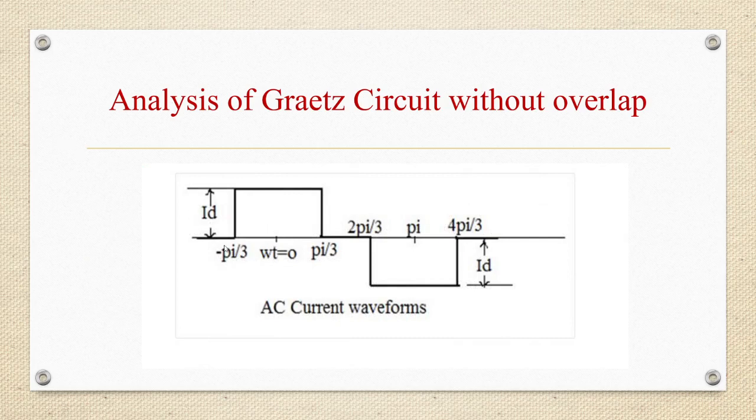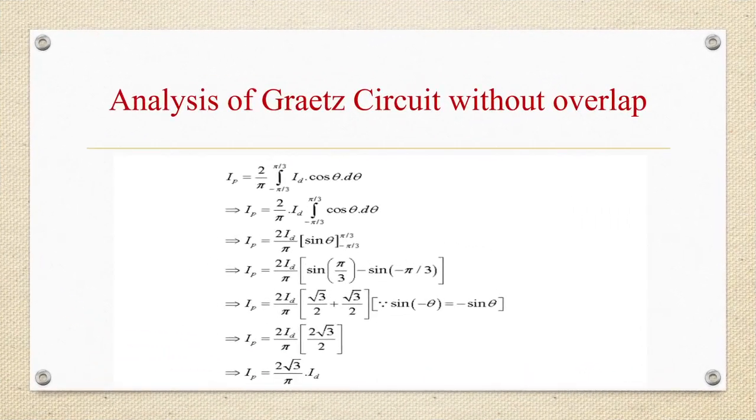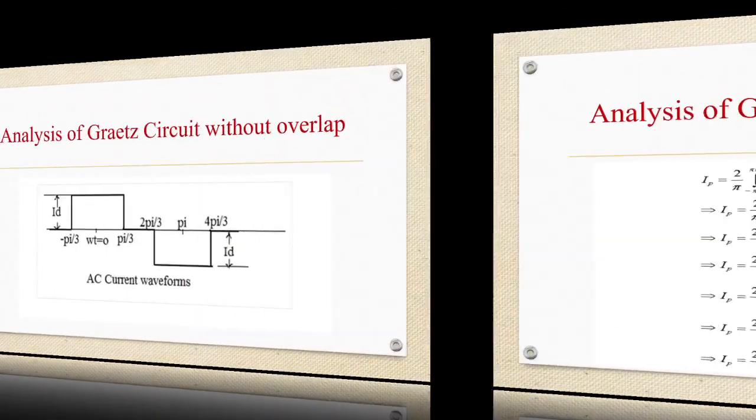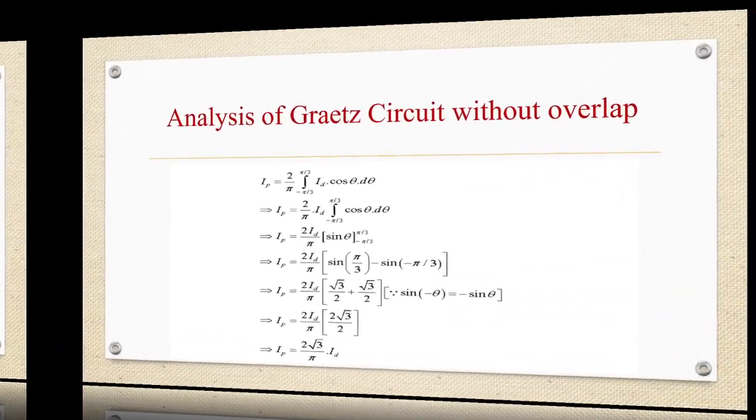Once it is positive, then it goes to 0, again goes negative, then again goes to 0 and so on. So we are going to find out the IP value here. IP equal to 2 by pi integral minus pi by 3 to plus pi by 3 Id cos theta d theta. By using the diagram we are writing this equation.